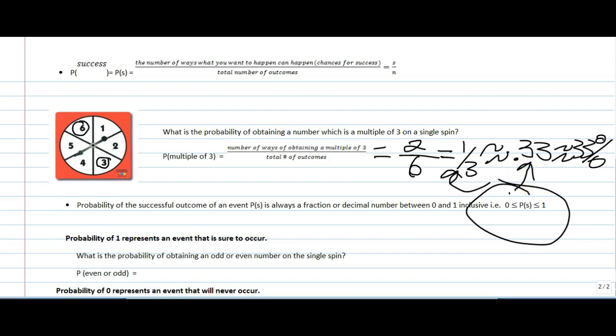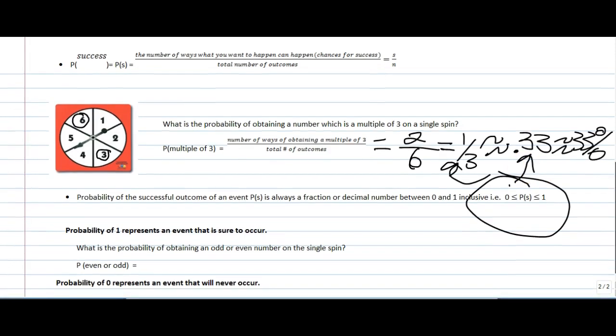A probability of 1 represents an event that is sure to occur. So if we look at the spinner above and we ask ourselves, on a single spin, what's the probability of obtaining an odd or an even number? So if I spin and I obtain an odd number, 1, 3, or 5, then what I want to happen has happened.